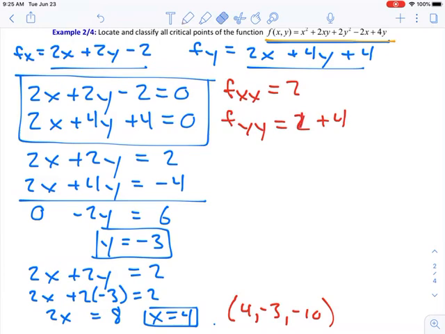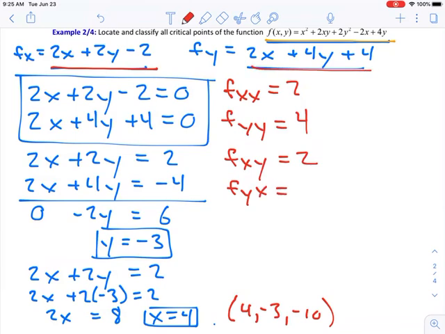Sorry. Partial derivative with respect to y is just 4. And then our mixed partial, f of xy. So we can go over here, take the derivative of that with respect to y, which is 2, and just to check, f of yx means we're going over here and taking the derivative with respect to x, which is 2. So they are the same.